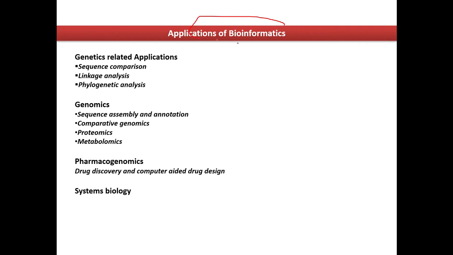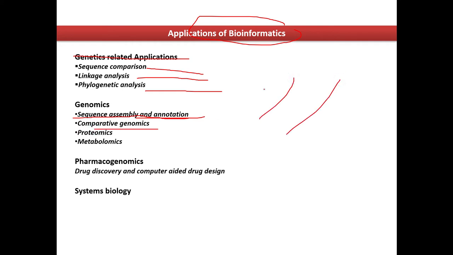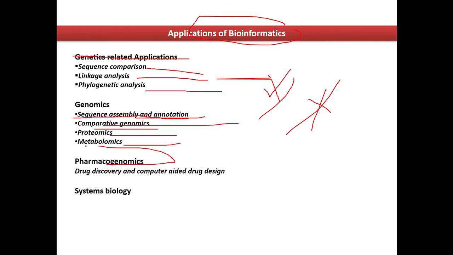Applications of bioinformatics, genetics related applications: sequence comparison, linkage analysis, phylogenetic trees, sequence assembly and annotation, comparative genomics. You can compare two genomes, how this genome differs from that genome. Then proteomics, metabolomics, pharmaceutical and pharmacogenomics, which you can use for drug discovery and computer aided drug design.